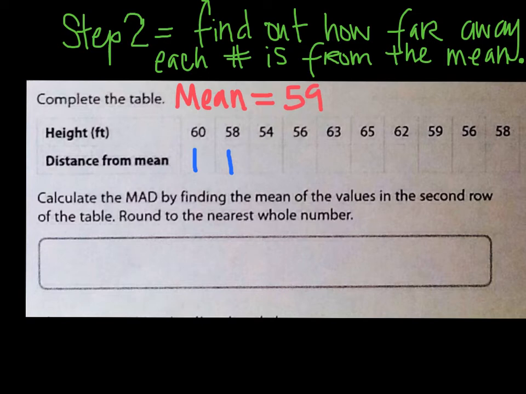If I keep going down the list, 54 minus 59, that's 5 units away. 56 minus 59 is 3 units away. 63 minus 59 is 4 units away. 65 minus 59 is 6 units away. 62 minus 59 is 3 units away. 59 minus 59 is 0 units away. 56 minus 59, we already did that one once, still 3 units away.